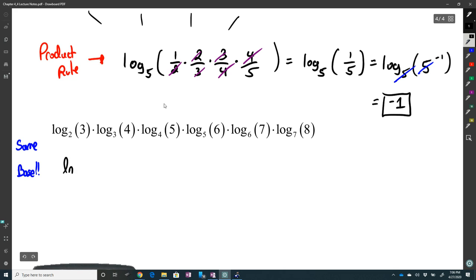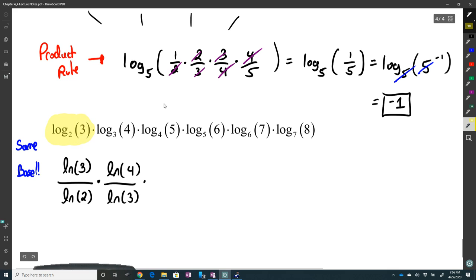So I have ln of 3. The old base goes on the bottom with a natural log. Ln of 4. Ln of 3. So again, what I'm doing is this becomes this. This becomes this. And we keep on doing that pattern.